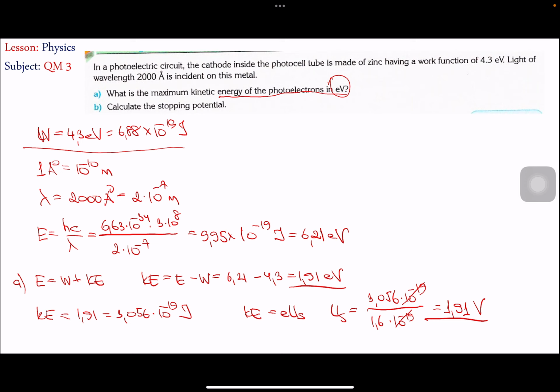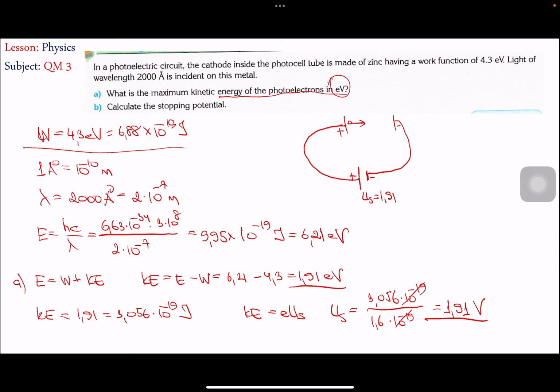It means that suppose I have the circuit here, and one side is connected to the cathode, that is here. I'll have the plus side here, but my photoelectrons are released from this side here. And if I connect it to the battery, that will be approximately 2 electron volts, or my stopping potential is 1.91.